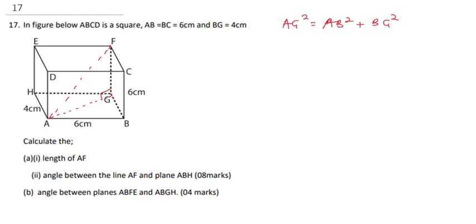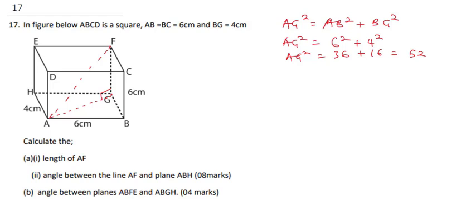So AG square is 6 square plus 4 square, which is 36 plus 16, and this will give us 52.